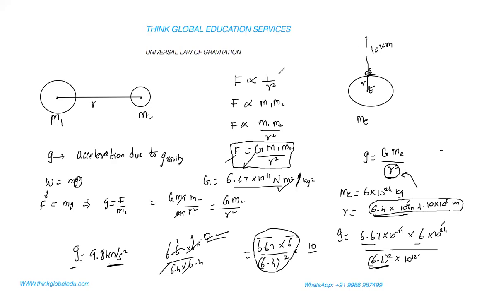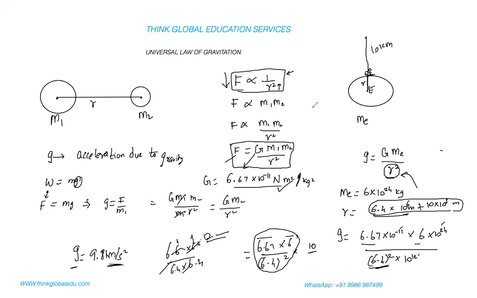Looking at the relationship between the force and the distance between the objects, you can see that as the distance increases, the gravitational force decreases.